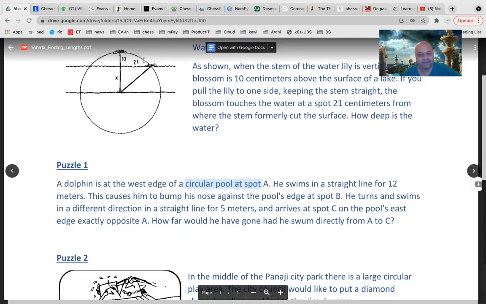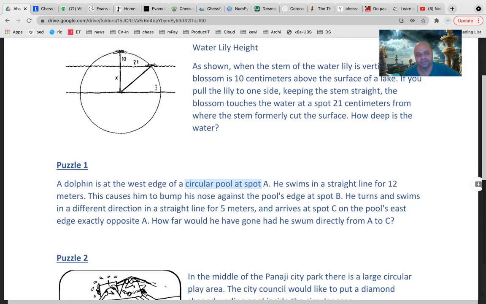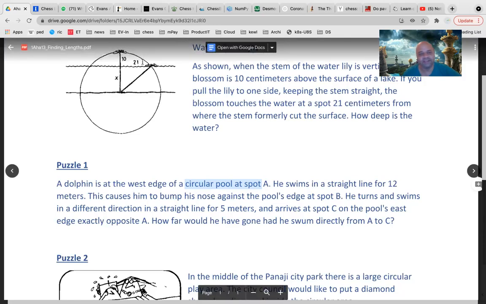And then he turns and swims in a different direction in a straight line for 5 meters. When he does 5 meters, he arrives at spot C, which is on the pool's east edge, exactly opposite A. So this is A and this is C. B we do not know, somewhere in this circle.